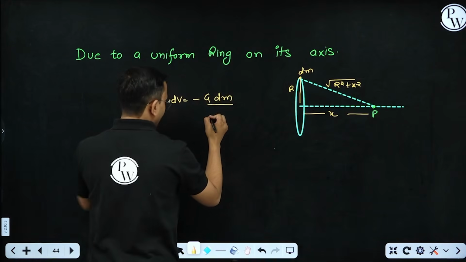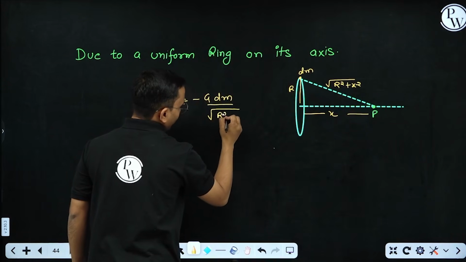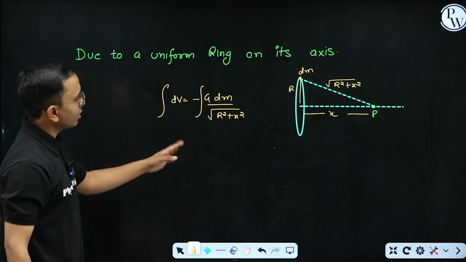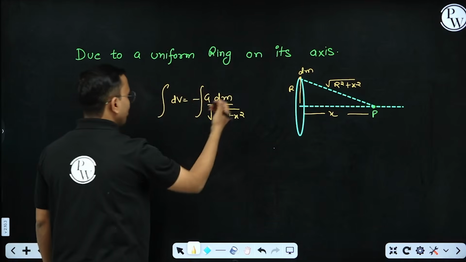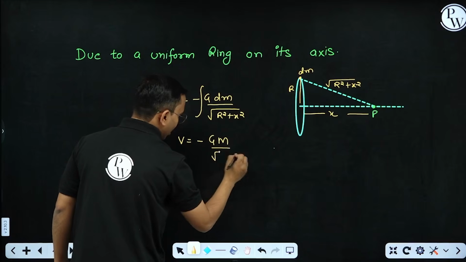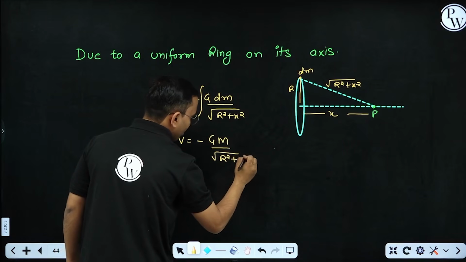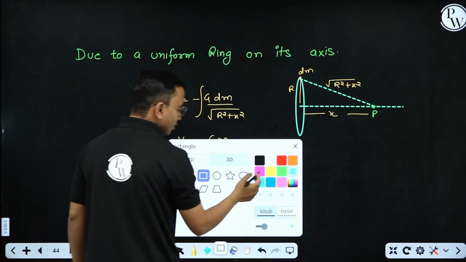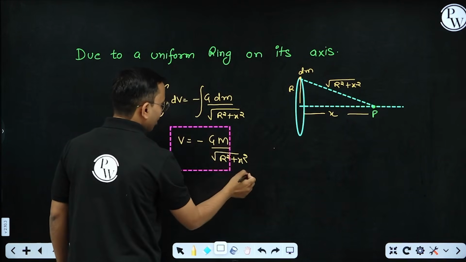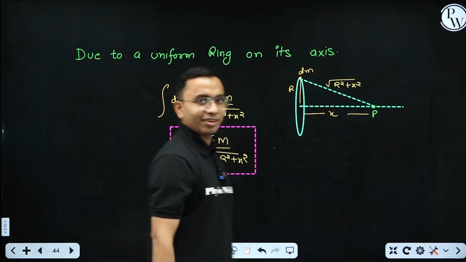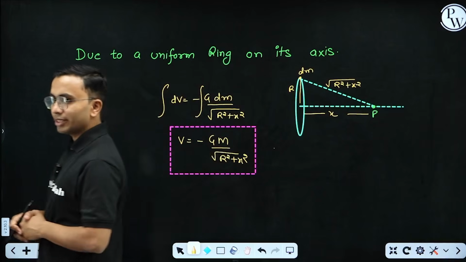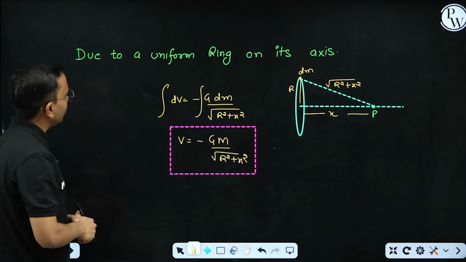Put this root of r squared plus x squared, integrate it. Everything else is constant other than dm. Integration of dm will become M, so V becomes minus GM divided by root of r squared plus x squared. Just a simple formula, need not even remember, it will be remembered automatically. You just do it once with me, you'll remember it automatically. Okay, due to a uniform ring we did.